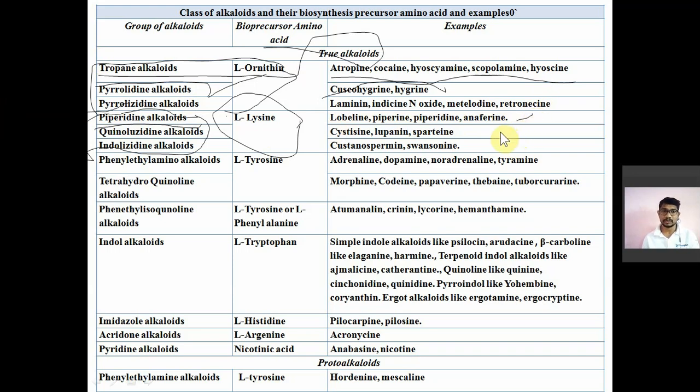In case of quinolizidine, you have cytisine, lupinine, and sparteine. These are the examples. Imidazolidine, indolizidine, for example, swainsonine.